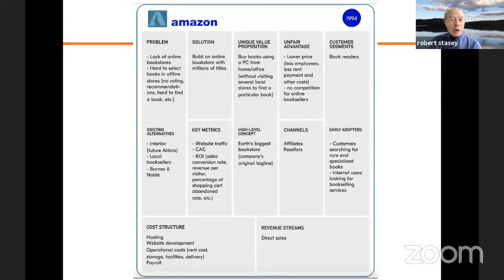He solved that problem because basically he became a wholesaler. And since he had the internet, he had a large number of customers versus a small bookstore serving basically local people. And he expanded from there by adding each of the different segments of products.